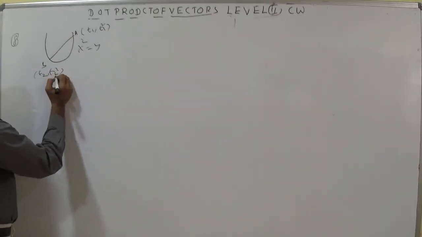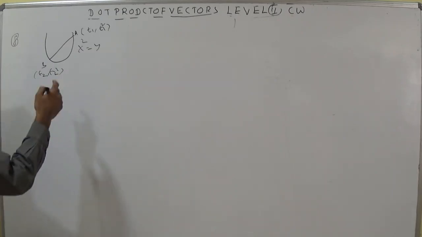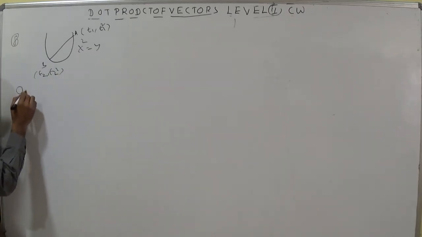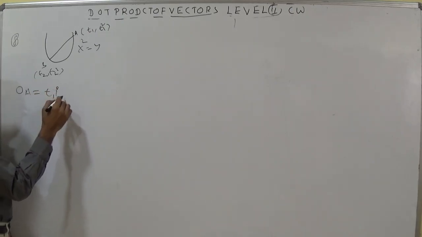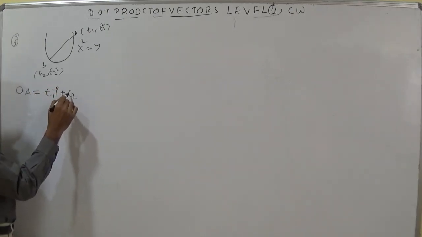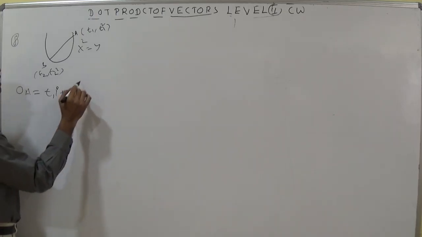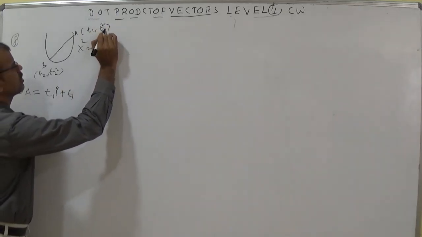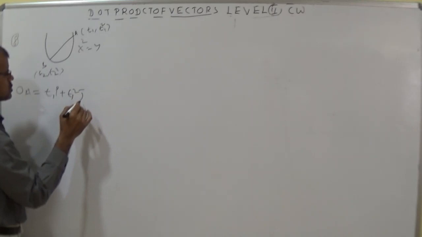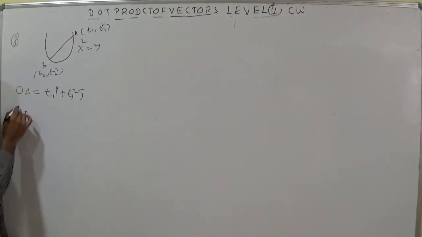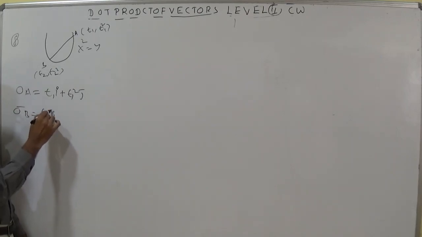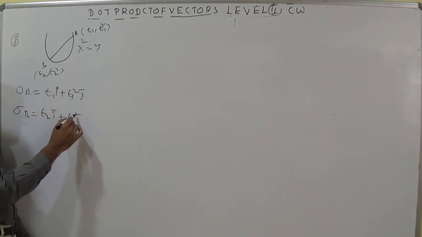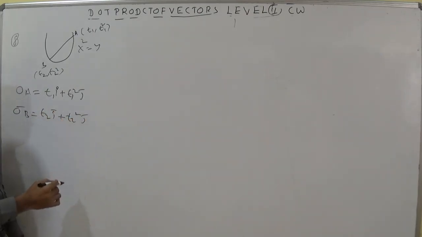So here you write t2 comma t2 square for B. So OA is equal to, try to understand, I am writing t1 i bar plus t1 square j bar. That is the position vector of OA. Now OB can be written as t2 i bar plus t2 square j bar.